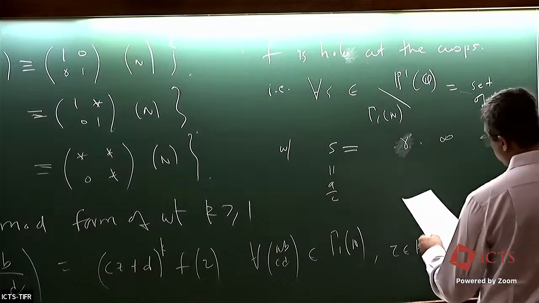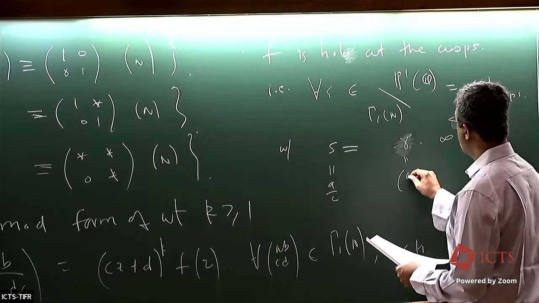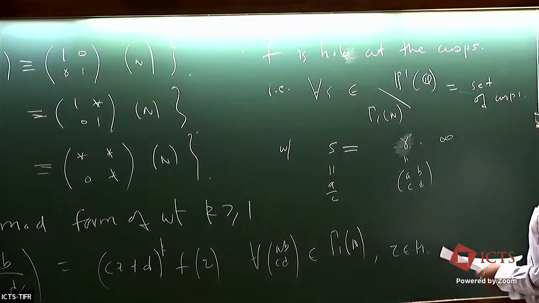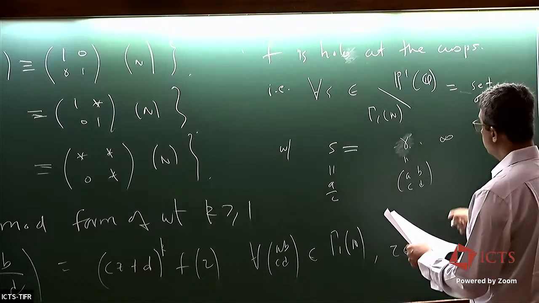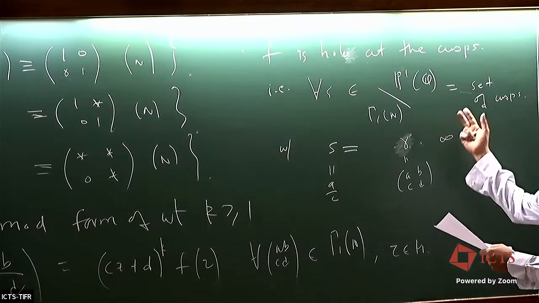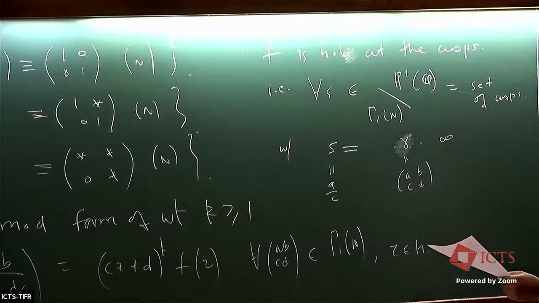So there's a matrix gamma. a and c are coprime, they're in lowest terms, so you can find a b and d in SL2Z such that this holds. And SL2Z acts transitively on the cusps. Not so hard to check.